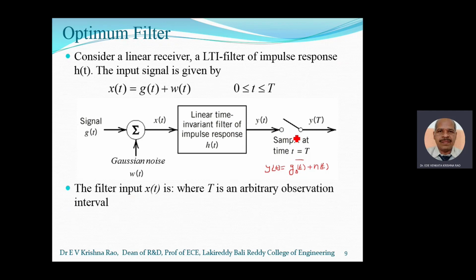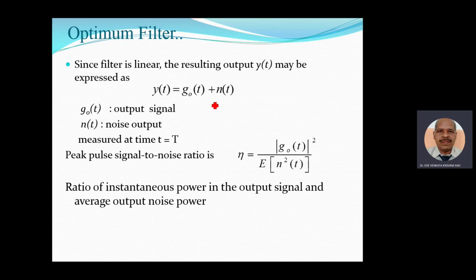Y of t is sampled at t equal to capital T seconds, then y of capital T becomes g naught of capital T plus n naught of capital T. So this is the output y of t, g naught of t plus n of t, sampled at t equal to capital T seconds, and we can measure the maximized output, the signal power to the noise power mean square value, which gives the output signal to noise power ratio.